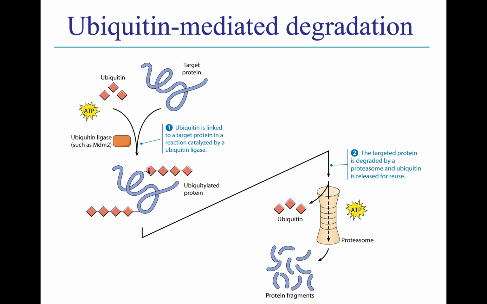So it will add these ubiquitin molecules, little chains of ubiquitin, to the unwanted protein. And those ubiquitin chains are a signal to the cell that, hey, we need to get rid of this protein. It will then be dragged off to the proteasome, which is the digestive complex that will chew up the protein and just spit out amino acids and small protein fragments.